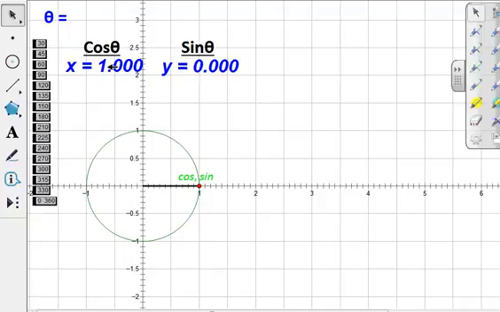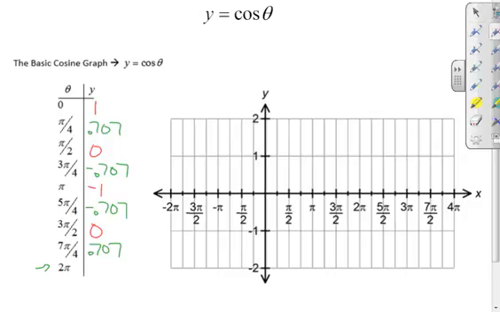Okay? So we'll make a graph of that decently quickly, and we'll try and note some things about it. So I'll start at 0, 1 by doing my reds. Pi halves 0, and then I'm going to go pi negative 1, and then I'll get 3 pi halves is 0, and then I'll get 2 pi is 1. Now again, if I just connected the dots there, it would look like a V, which is not appropriate.